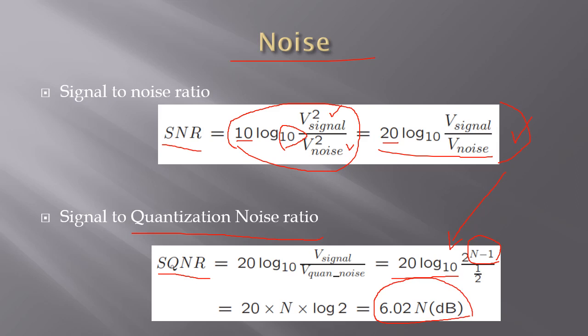So that's the quantization noise. Now, if we use a high number of bits, then the quantization noise would be very small. But if the number of bits is very low, let's say 2 bits only, then the quantization noise would be very high.